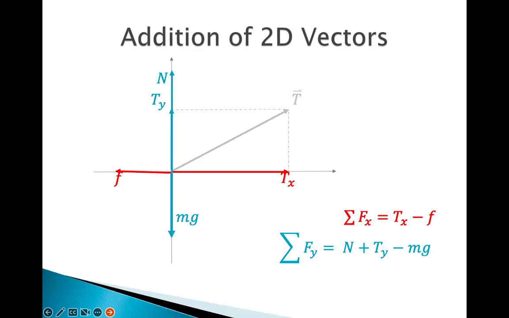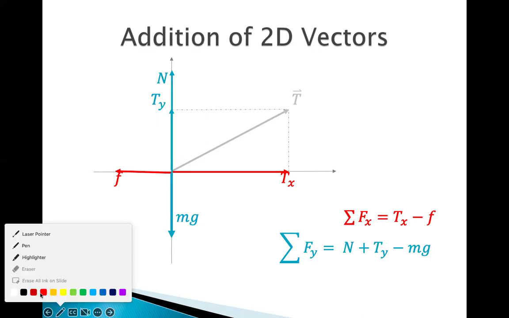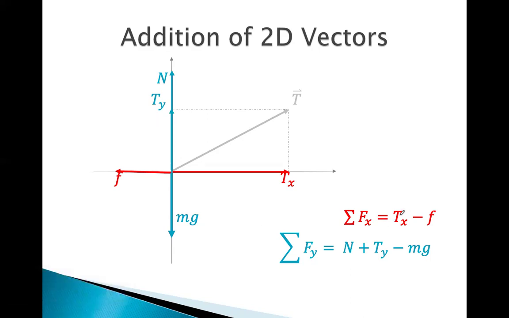So the tension is pulling it towards the right, but f usually represents friction. Friction is pulling it back. So when we add these two, sigma means the sum of all the forces along the x direction equals Tx, which is positive, minus friction, because it's along the opposite direction. So you see, when you add vectors, you really need to know their direction.